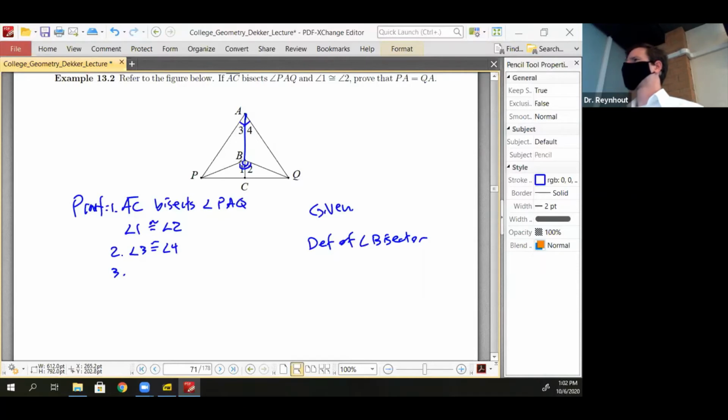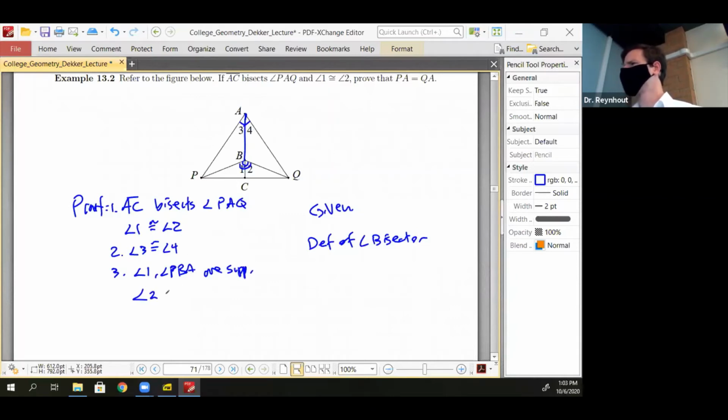And then our next step. It still takes a couple of steps for us to get that these two are congruent to one another. We want to talk about angle 1 and angle ABP, or PBA, and angle 2 and QBA. So we have that angle 1 along with angle PBA are supplementary.